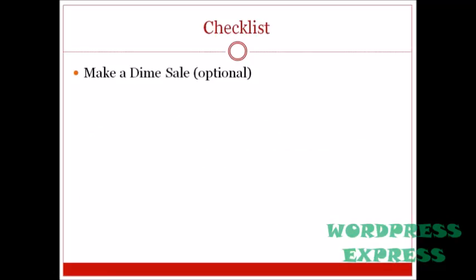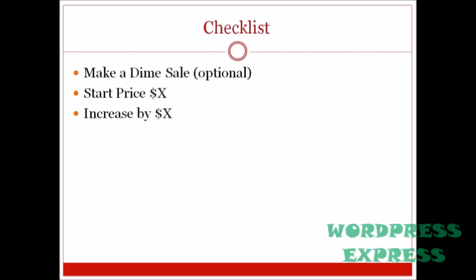If you do want to make a dime sale, and of course if you don't, you can always fast forward to the next slide. But a dime sale basically means that you start at a lower price and then every time somebody buys, it increases a certain amount until it hits a maximum price. So you're going to need to know the starting price.